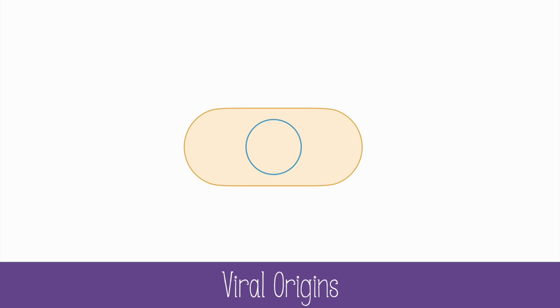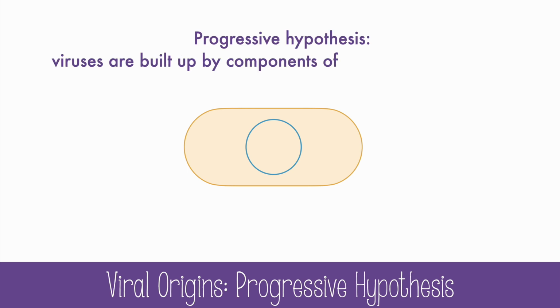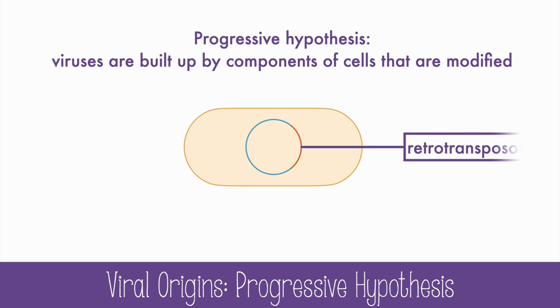If viruses evolve from existing cells, there are two hypotheses about how this may have occurred: the progressive and the regressive hypotheses. In the progressive hypothesis, viruses are built up by components of cells that are modified. Since viruses are essentially bits of DNA or RNA and some protein, it's possible that bacterial sequences of DNA called retrotransposons were modified into bacterial DNA or RNA.